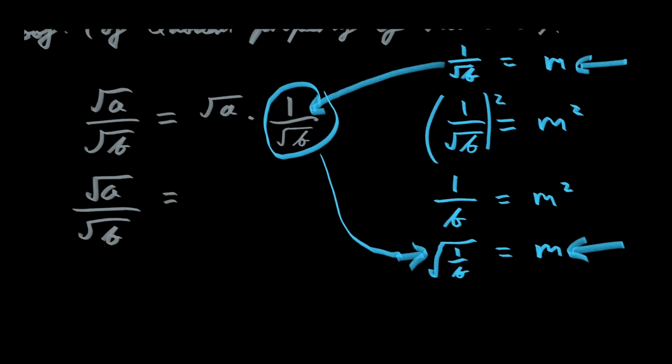We're going to substitute that for that. Okay, so we're replacing 1 over the square root of b with the square root of 1 over b. Oops, I left out the square root of a. Okay, the square root of a times the square root of 1 over b. Okay, maybe I will get rid of all of this blue.